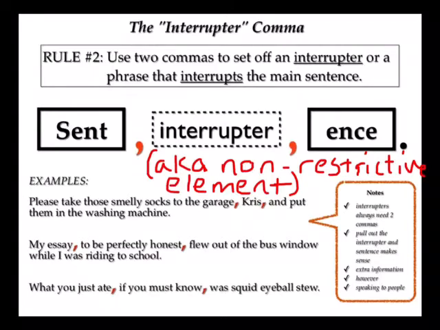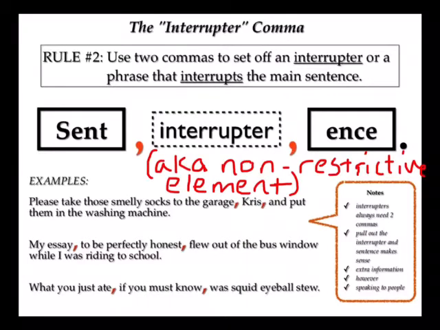Interrupters always use 2 commas, except if you use different punctuation. What are the 2 other ways you could set that interrupter off? Yes, dashes. Not hyphens, dashes. The em dash, it's longer than a hyphen.